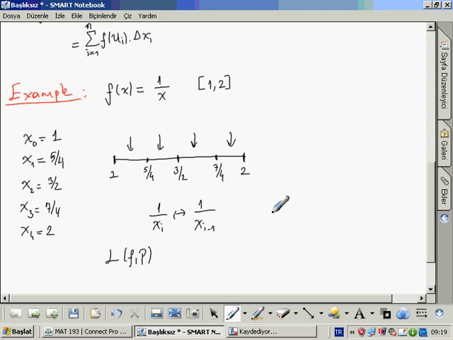Firstly, we know that the delta xi values for this function are 1 over 4, okay? As you see, how did we find it? 5 over 4 minus 1 is equal to 1 over 4, okay?